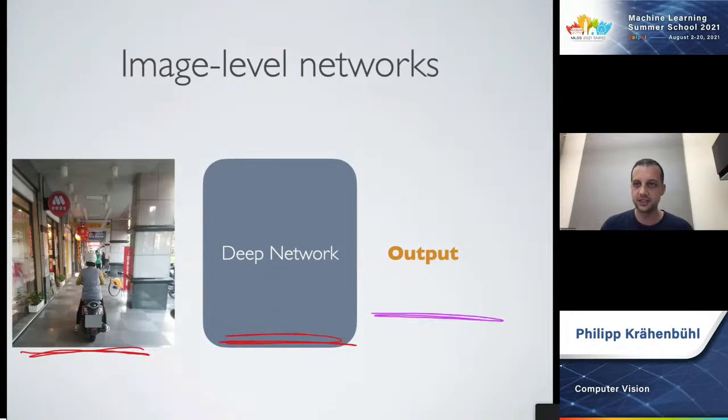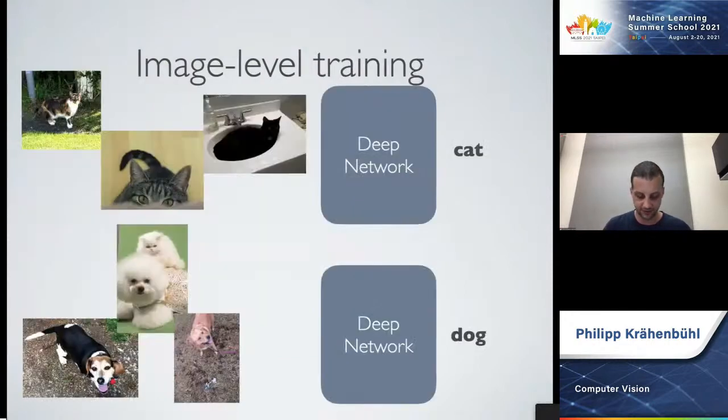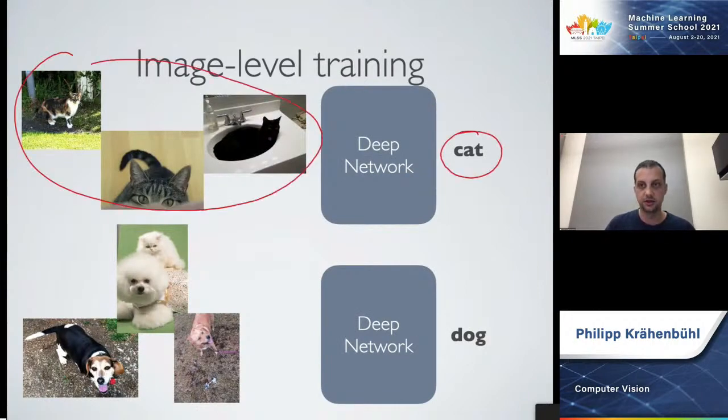Now, in order to train this deep network, we're going to collect a large data set of images with corresponding labels, and we're going to train the network to output the labels that correspond to those images.